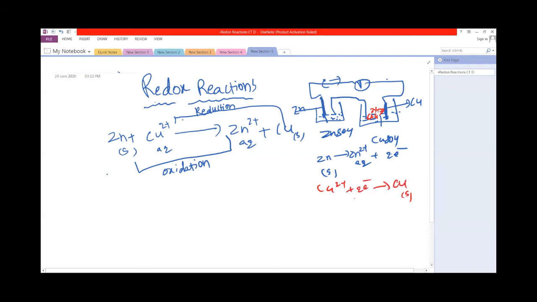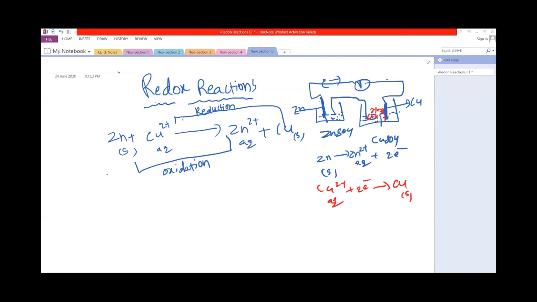This is solid; the aqueous Cu2+ deposits on the solid copper rod. This process occurs continuously. Zinc can lose electrons and Cu2+ can gain electrons. This is a spontaneous reaction, so it can occur.